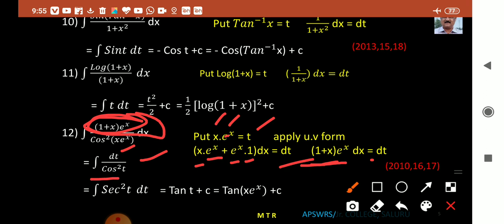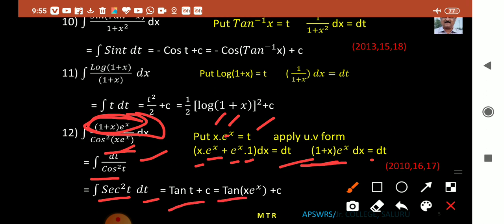By cos square, we let this x into e power x as t. So dt by cos square t. You know 1 by cos square is secant square. So integral 1 by cos square t is secant square t. Write this dt here. You know the integration of secant square t is? Yes, tan t plus c.